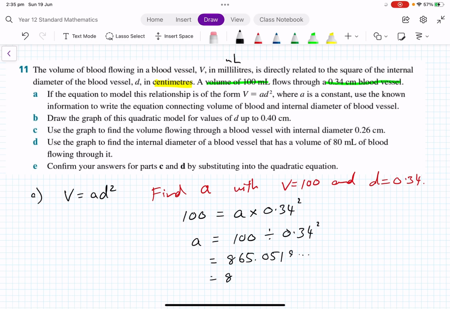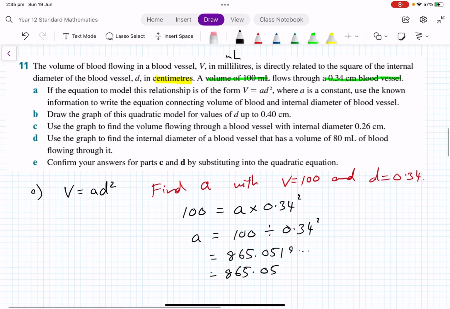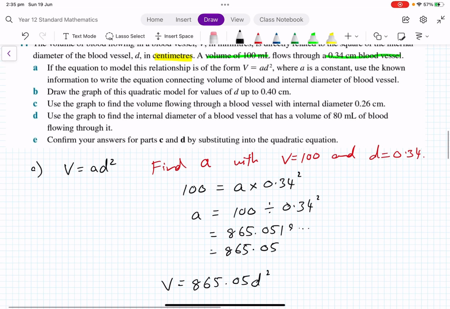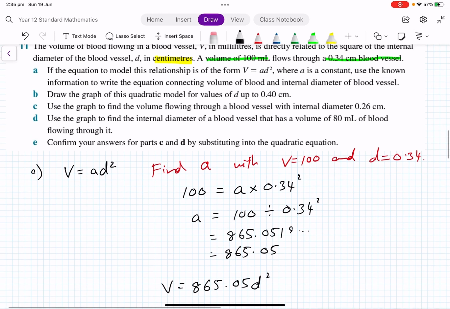I'm going to just do 865.05. And now that's a constant value. So what we end up with is the following: V is equal to 865.05 D squared. All right, so we've found what that is.